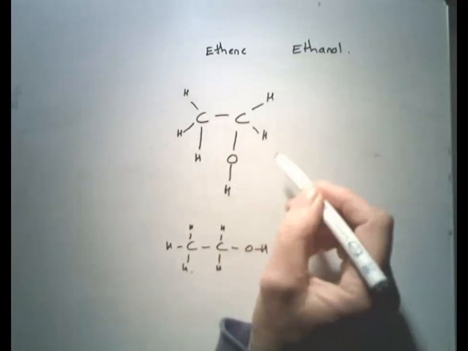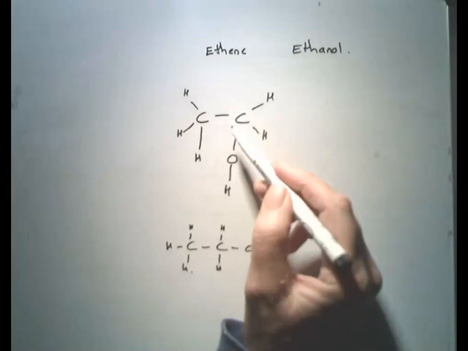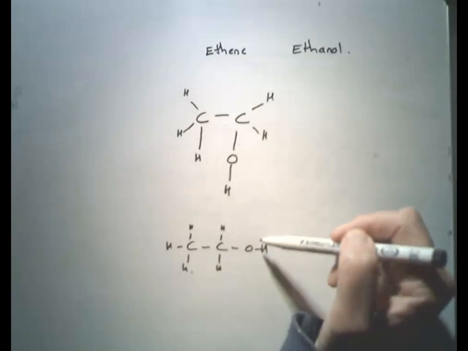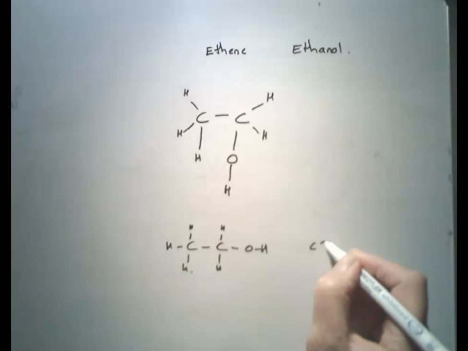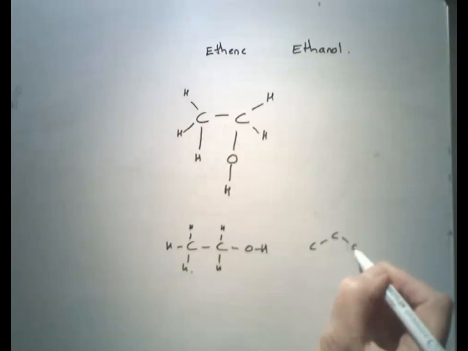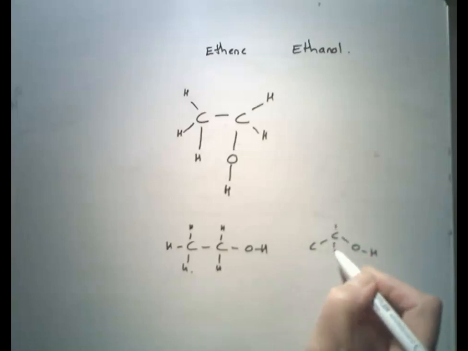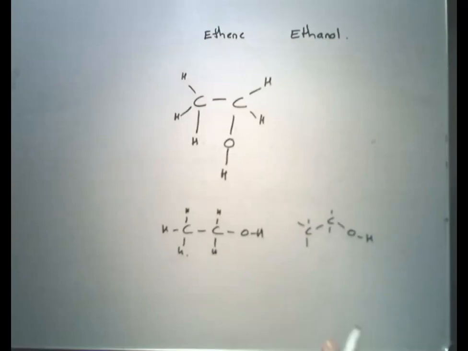So these can flip around and move, obviously, rotate, so that I can draw it like this. Technically it's like this. We did a skeletal diagram. Every carbon is one end of a line.